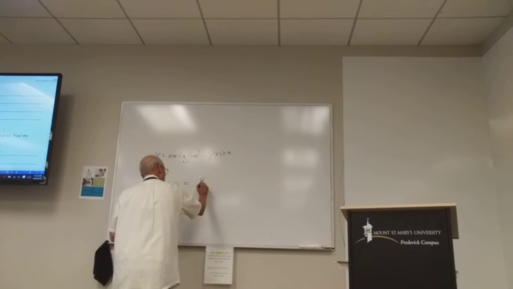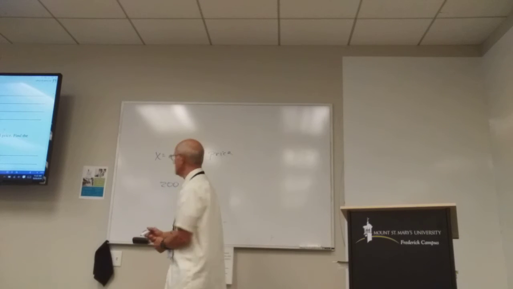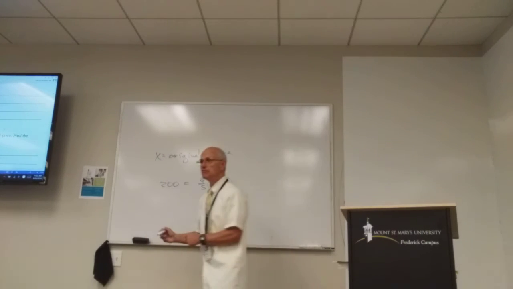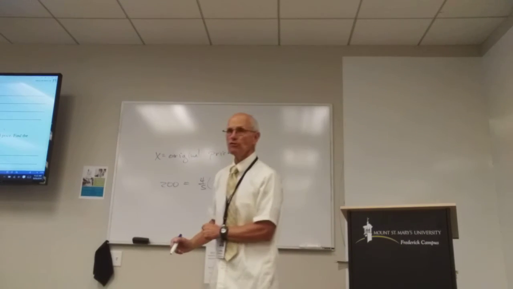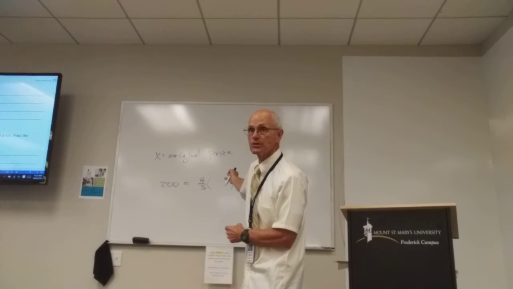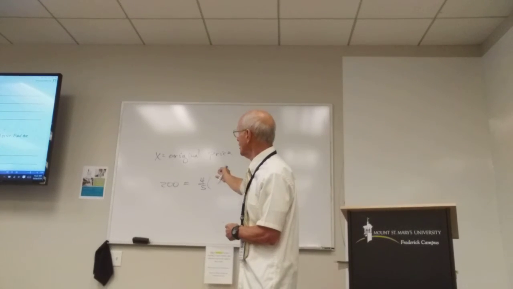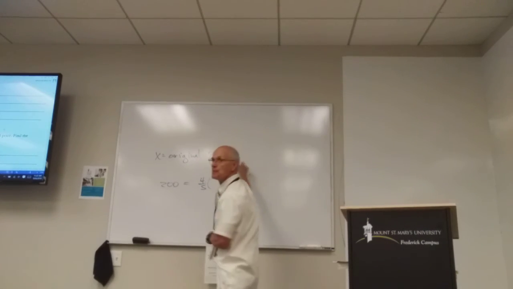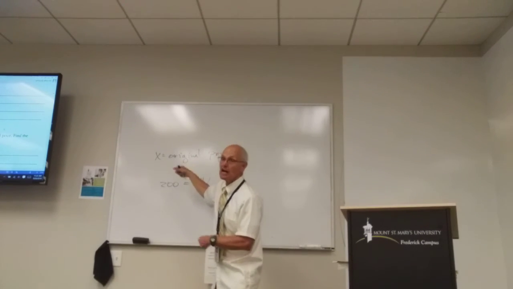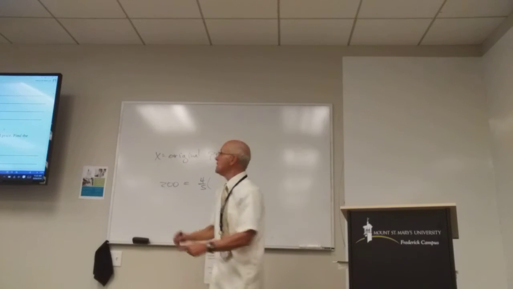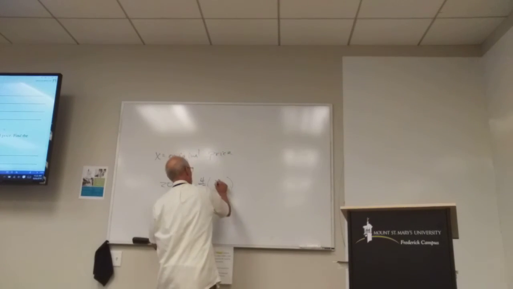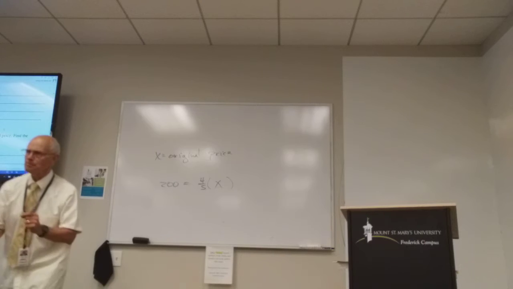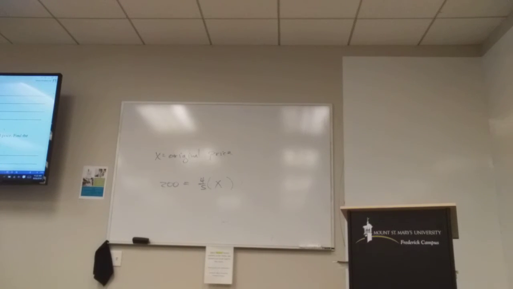What's the word of mean? Multiplication. 4/5 of the original price. What do I write for original price? X, because I wrote this, I'm going to use an X. If you put that piece on paper, then you're going to know what to write. You use what you wrote.